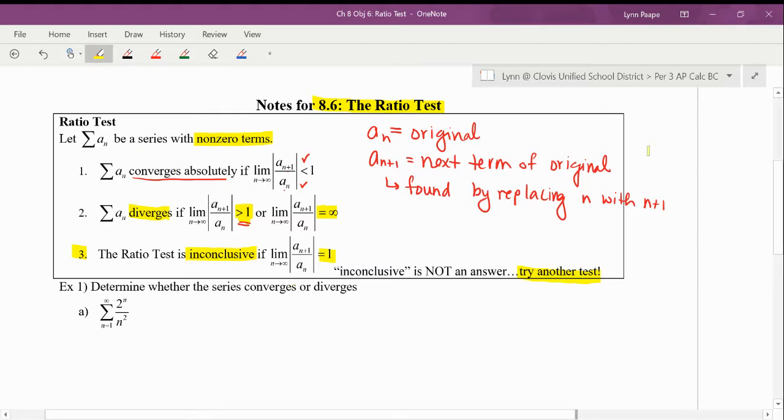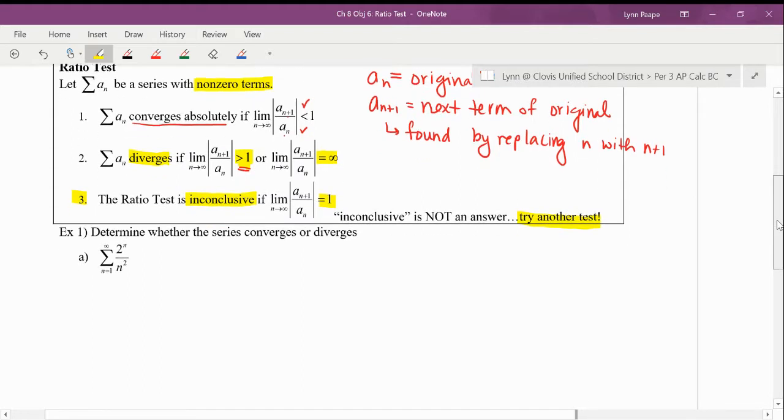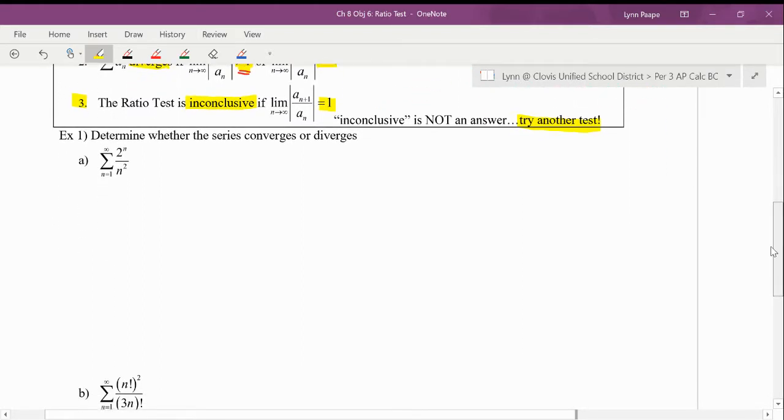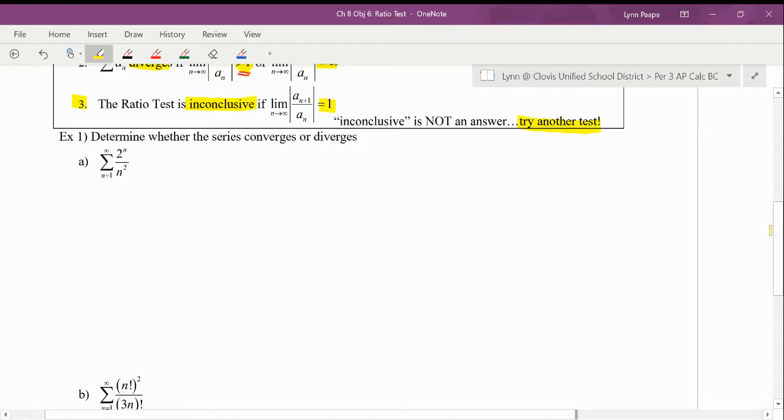Okay, so let's go ahead and take a look at our first example here. We're going to be using the ratio test for this one. And so for our steps, I will write my steps over here off to the side. I always want to go ahead and write out what is my a_n.